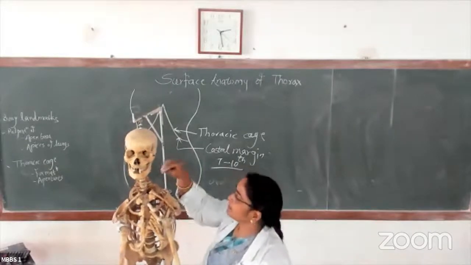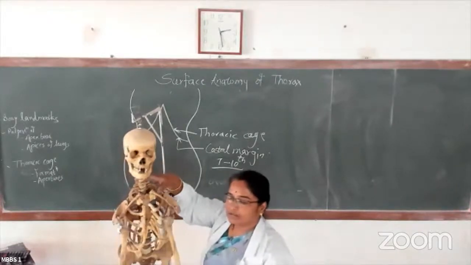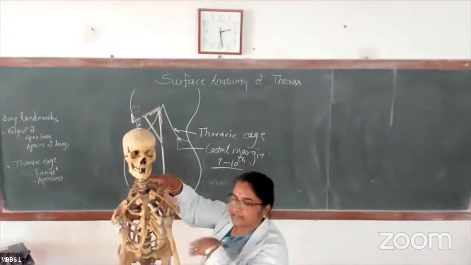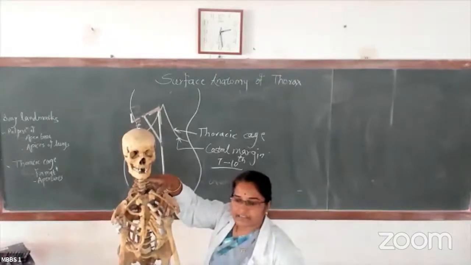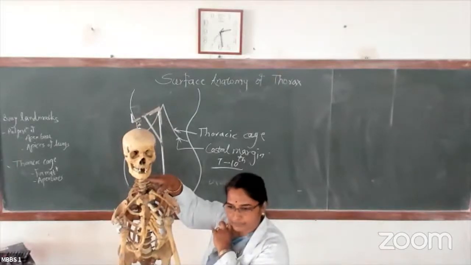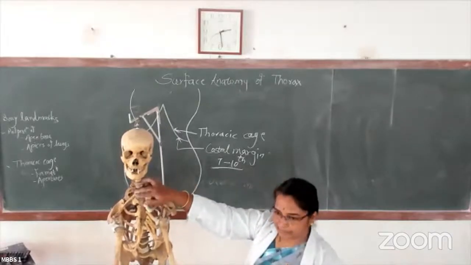Now attachments, I have already told you: to the transverse process of the 7th cervical vertebra posteriorly, and anteriorly there is attachment to the inner border of the first rib. So this aperture is closed by the suprapleural membrane.